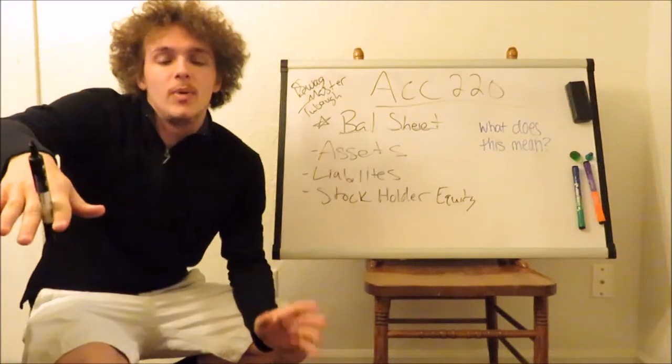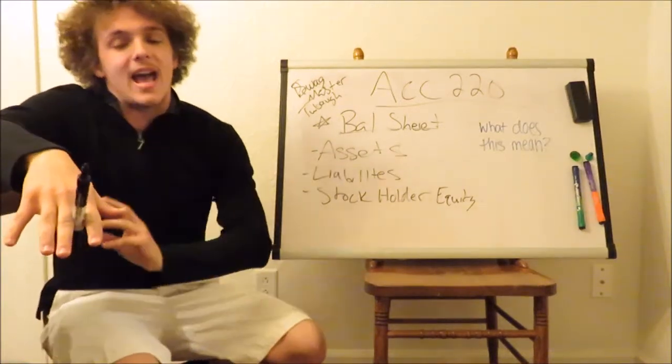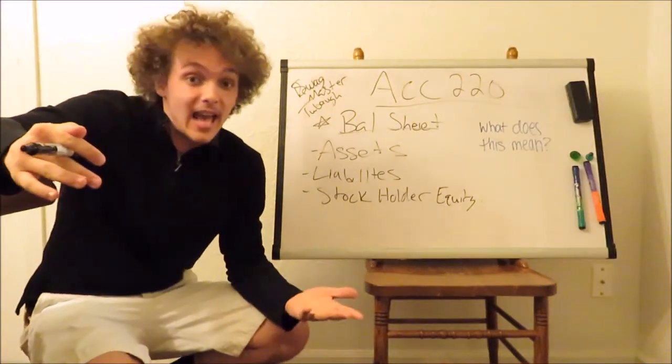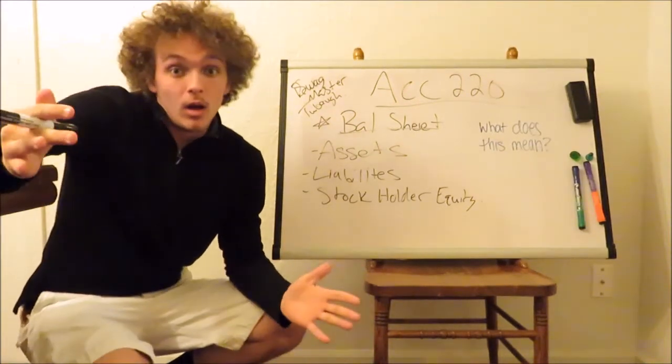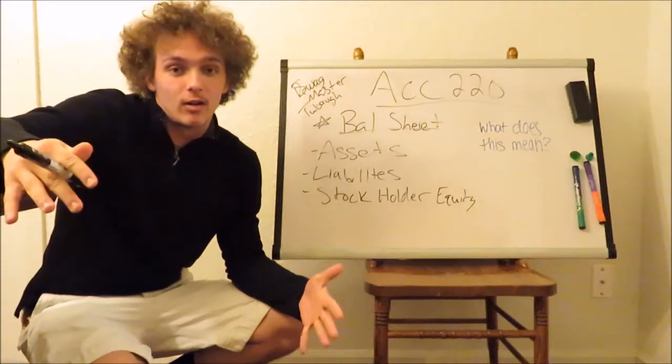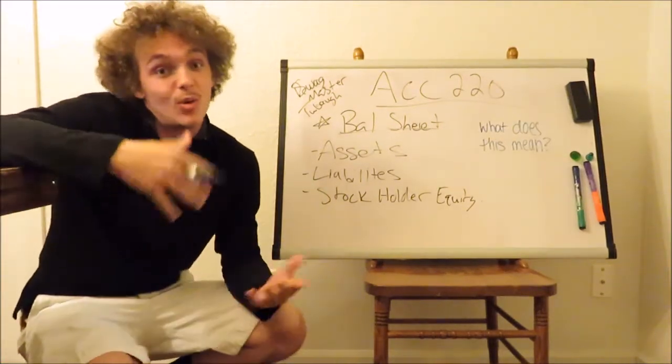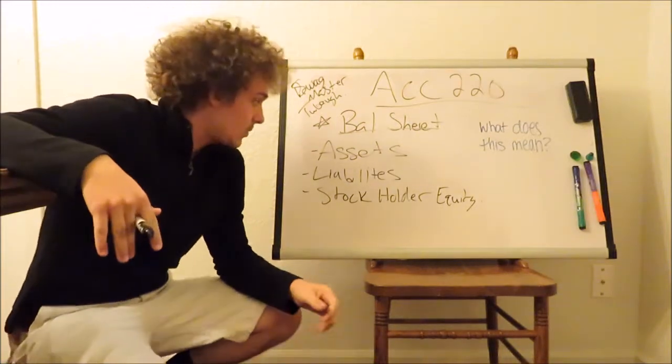Liabilities. Liability, the definition, is something that you have future obligations with. Okay? So something like that would be accounts payable, which would be something that you have to pay later on. So that will show your investors how much money you have to pay in the long term.